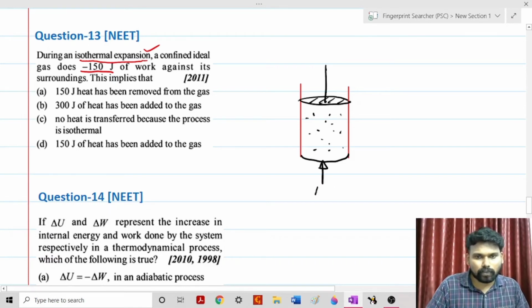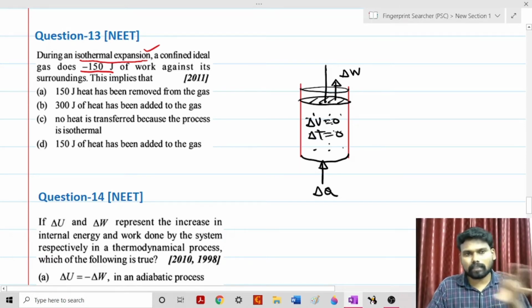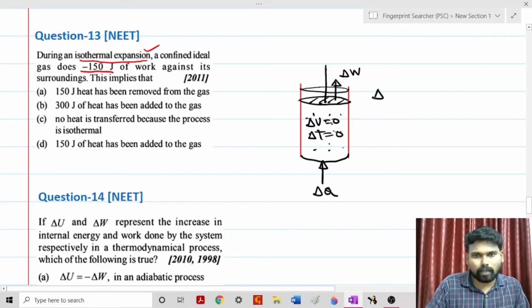The system absorbs heat from the surroundings and it expands, or you can say that it expands means this piston will be moving up. Okay, it will be converting that heat into work without any change in the internal energy, so that there will not be any change in the temperature. Okay, so this is the typical isothermal process. So heat is converted into what? Work.